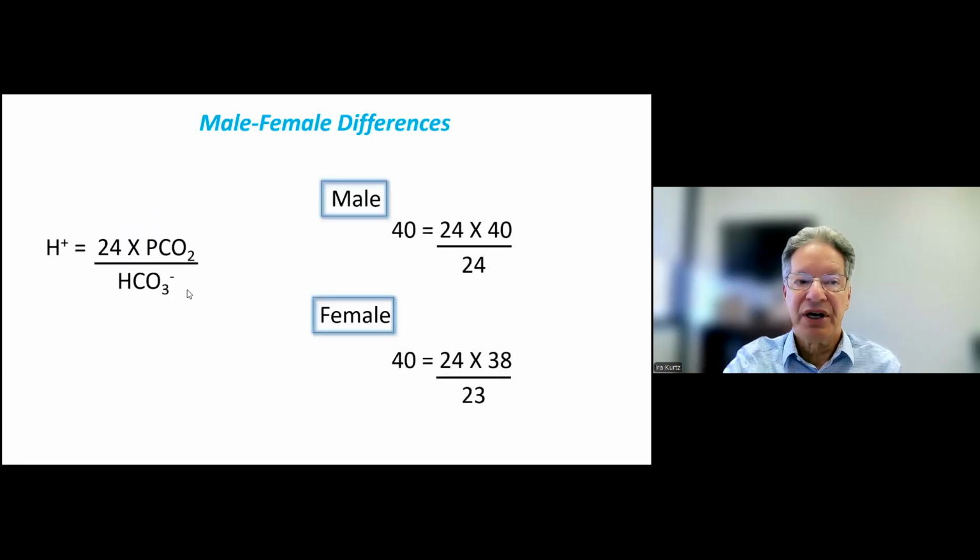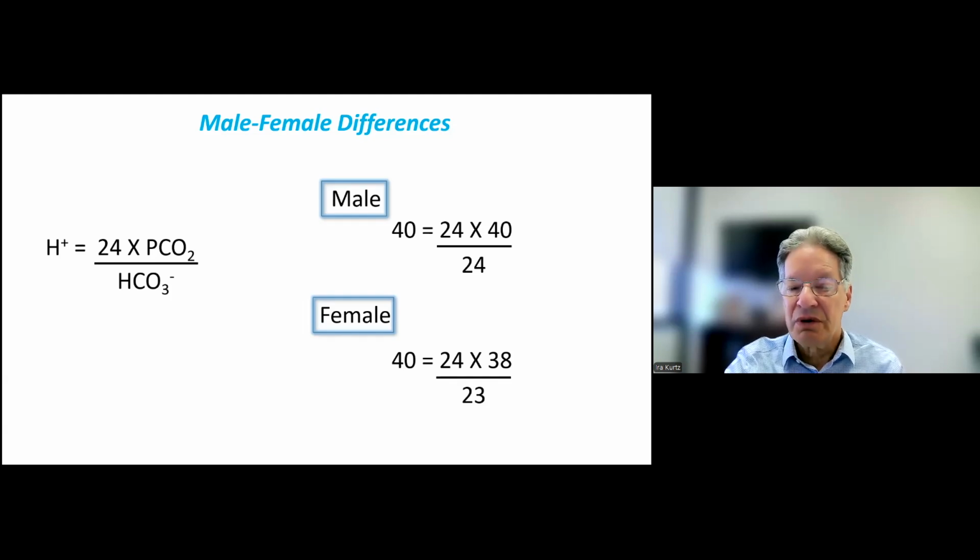It also turns out that even though the equation holds, males have slightly different numbers than females do. The hydrogen ion concentration is the same, and the constant of 24 is the same. However, the PCO2 in females is around 38. It's not 40, and the bicarbonate's around 23. Why that is not clear.